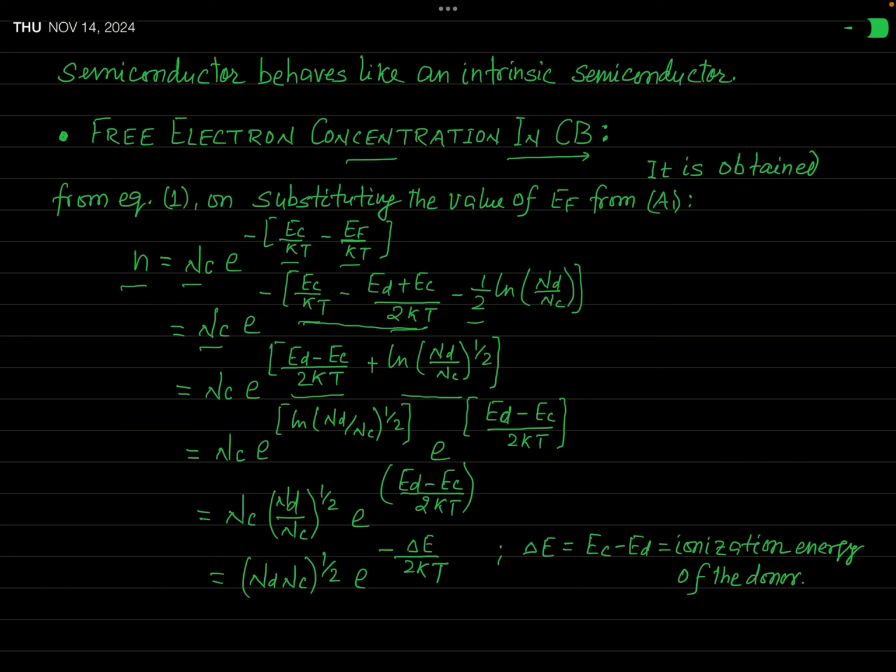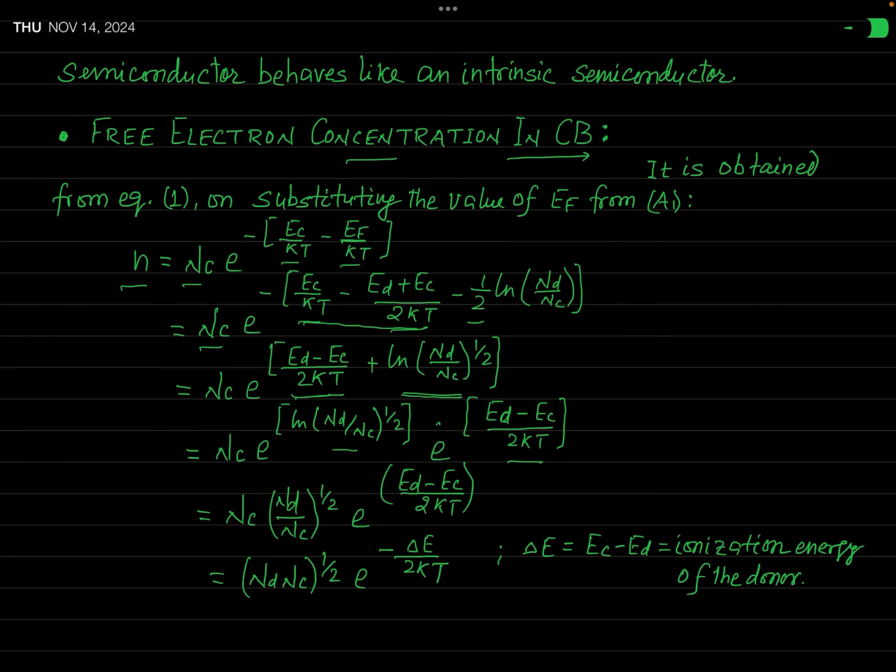Now this will be Nc and e to the power this much into e to the power this much. So this can be written as e raised to the power log Nd over Nc whole to the power half times e to the power Ed minus Ec over kT.